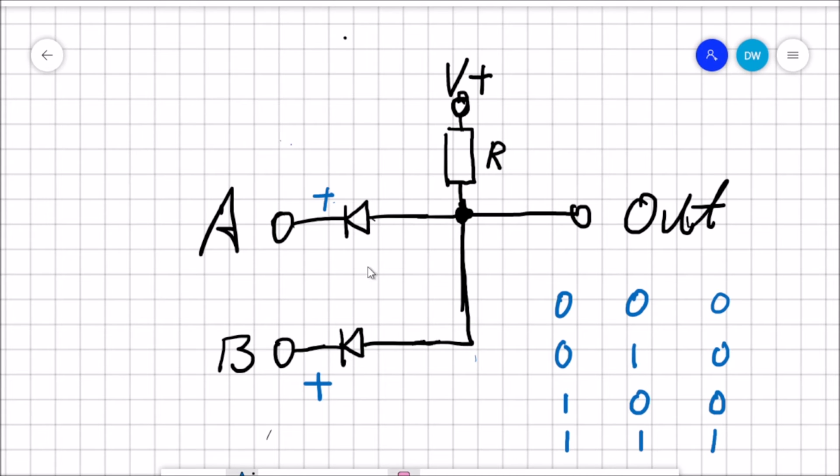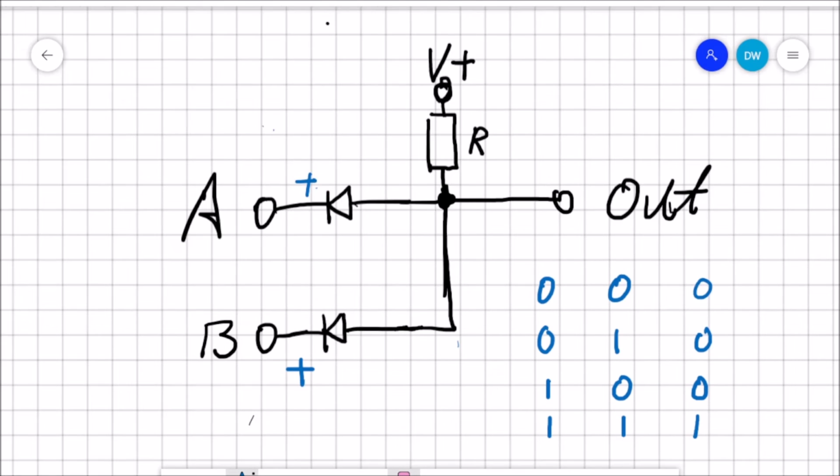No current can go through either of them. They all exit, and you end up with on. So that's the relationship defined by an AND gate, isn't it? Because both inputs have to be on for the output to be on. Okay, so these are the diode gates.